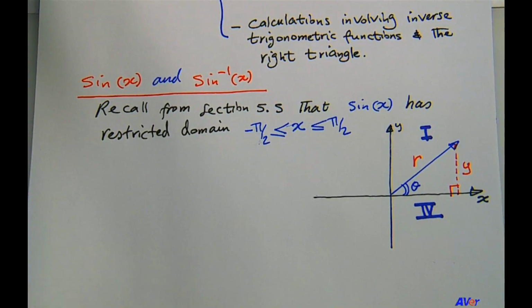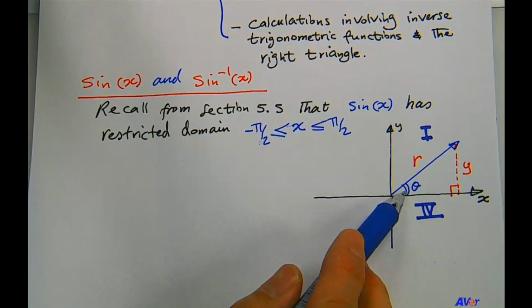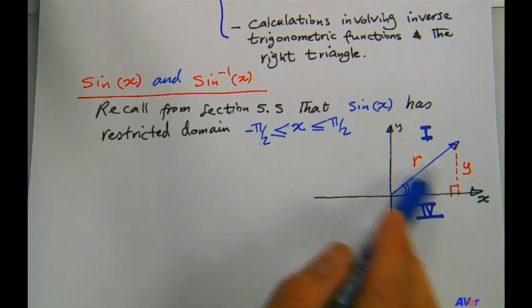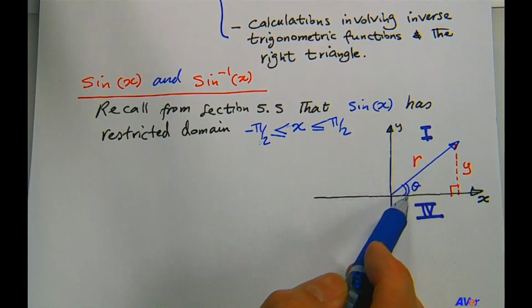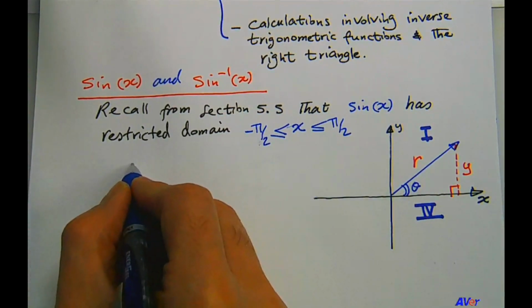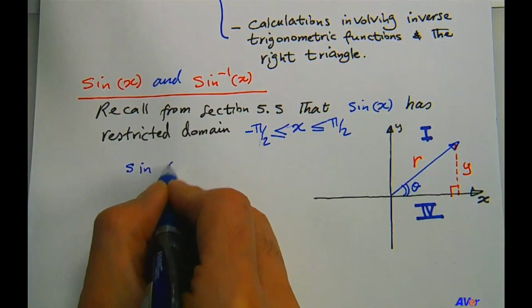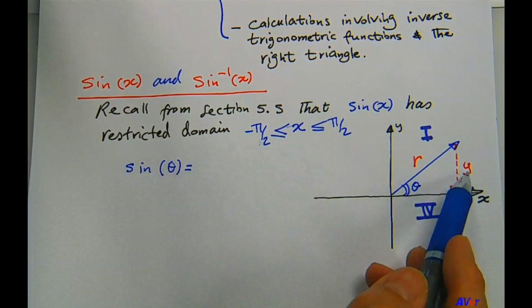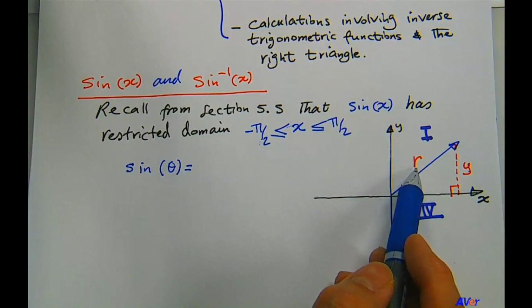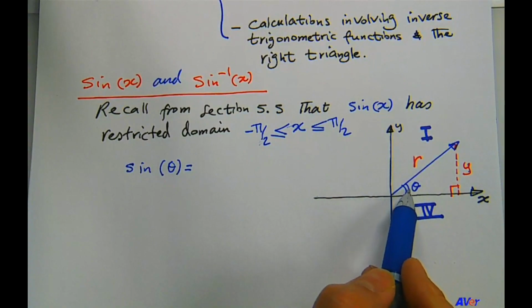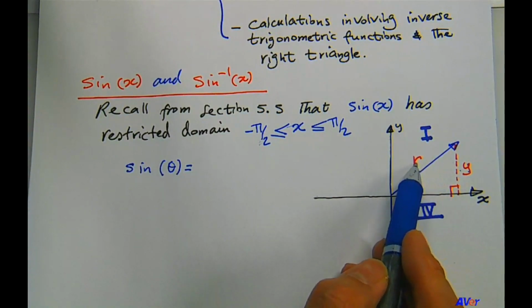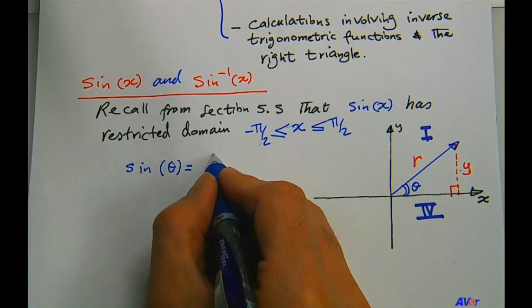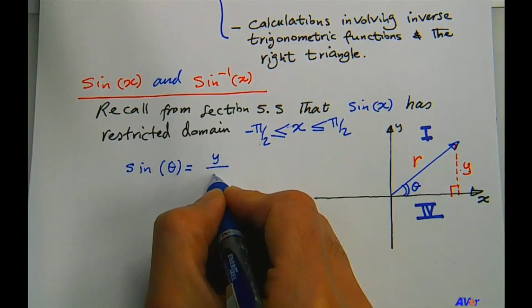Okay, so let's write down what we would have to have in order to measure the sine of theta. So sine of theta would be equal to the opposite side divided by the hypotenuse, for the sine. So it'll be y over r.